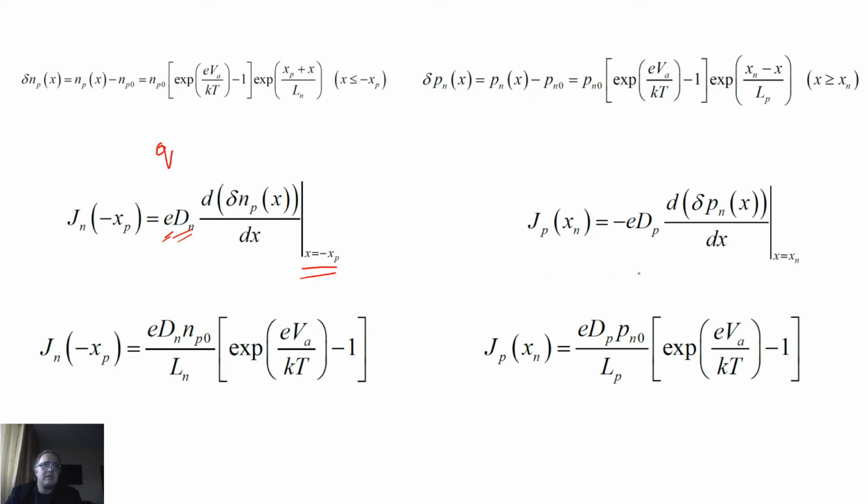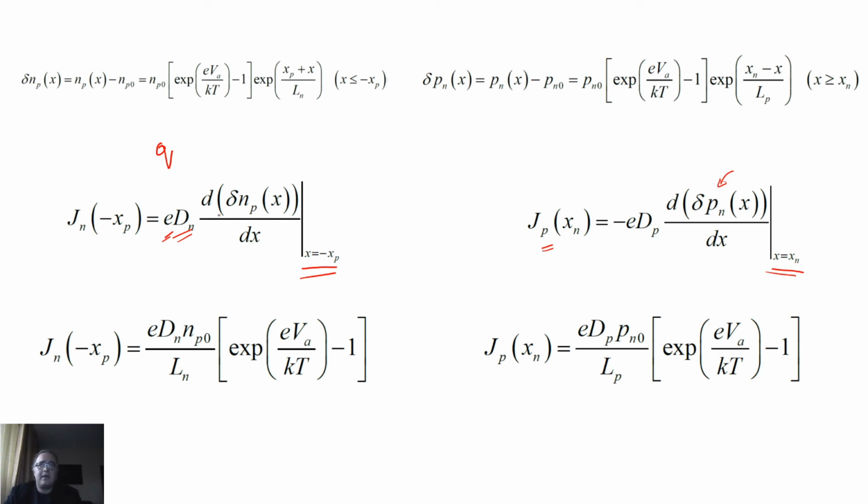We do the same for the holes in the n side of the p-n junction. So we evaluate then the excess holes in the n region at the point of xn, which is the edge of the space charge region.